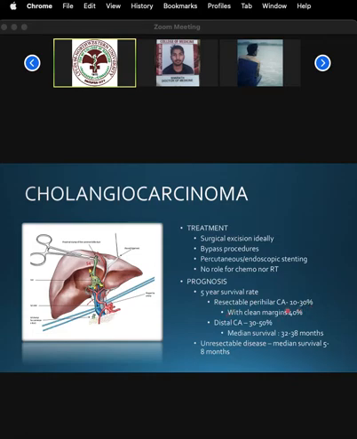Those with clean margins where you were able to resect the tumor may rise up to 40%. For distal carcinomas, you have a higher survival rate, 30 to 50%, because it would be easier to perform surgeries for distal cholangiocarcinomas than proximal cholangiocarcinomas. Well, easier said than done actually.